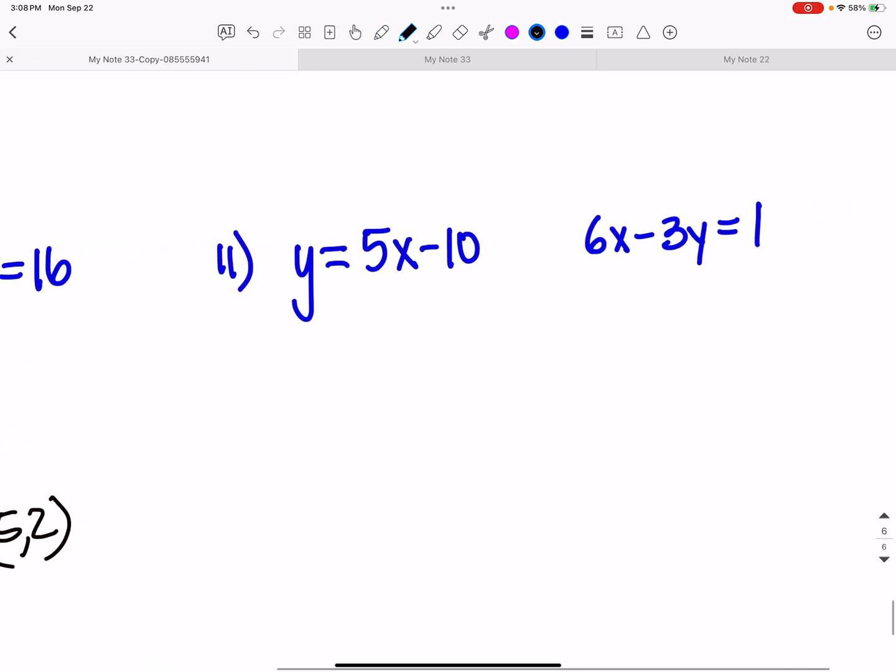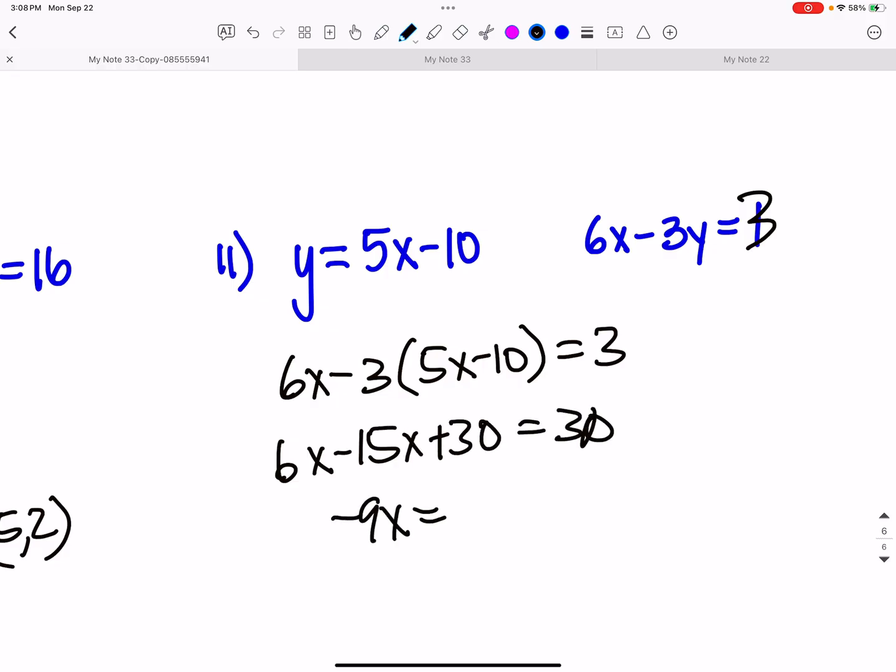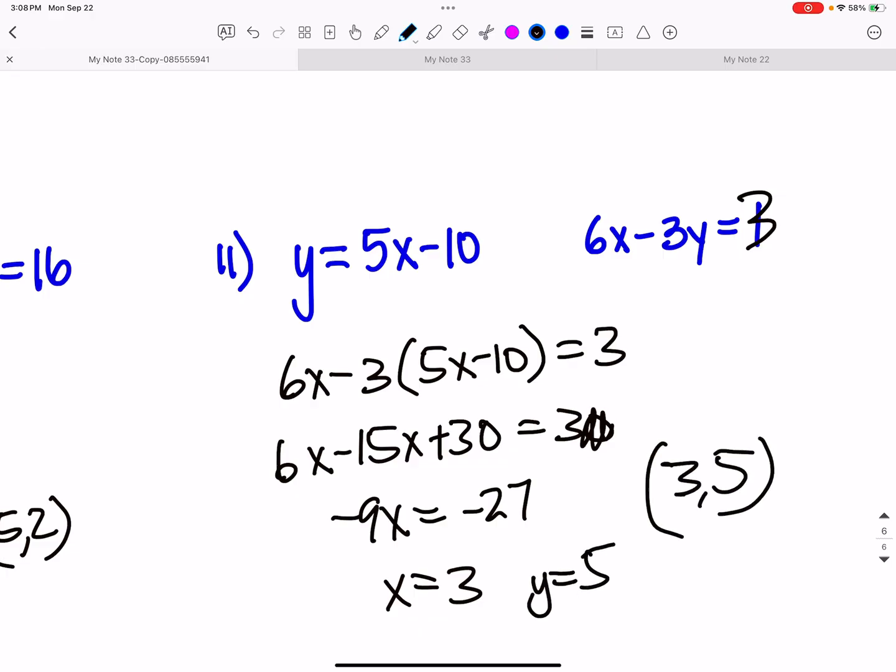Over here, this was supposed to be 3. 6x minus 3 times 5x minus 10 equals 3. 6x minus 15x plus 30 equals 3. So negative 9x equals negative 27. X equals 3. Y equals 5. 3, 5.